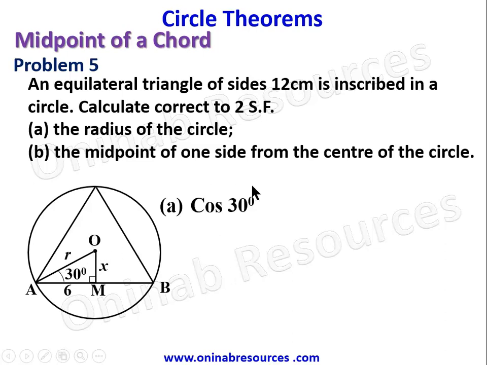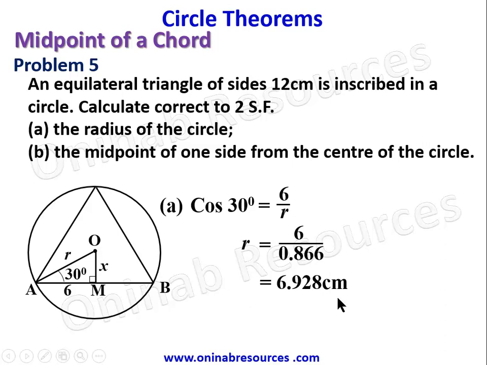So we have cosine 30 degrees is equal to adjacent, which is 6, over hypotenuse, and that will be over R. So if we make R the subject of the relation, we have R equal to 6 over cosine of 30 degrees, which is 0.866, and if you press your calculator, we have R to be 6.928 centimeters.